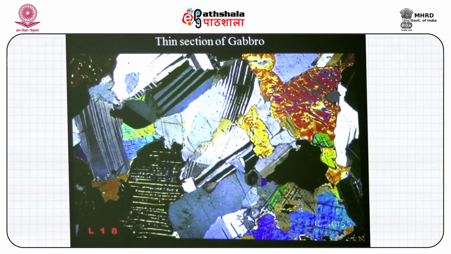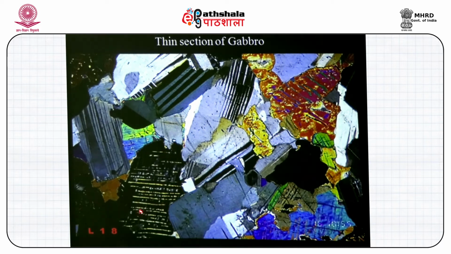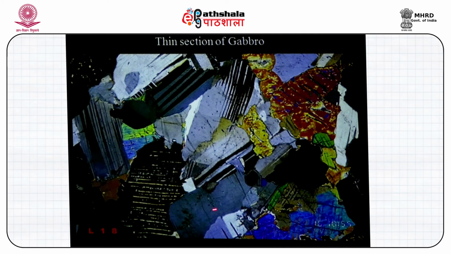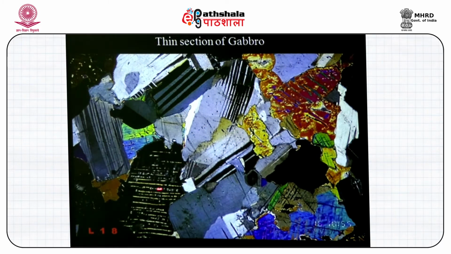What we see here is mostly plagioclase and pyroxene rich rock. Since this is a plutonic rock, it has big crystals of plagioclase. In some cases you will see the twinning is very clear, but at places you will also have the presence of quartz, which is not so common, but is present in many cases.